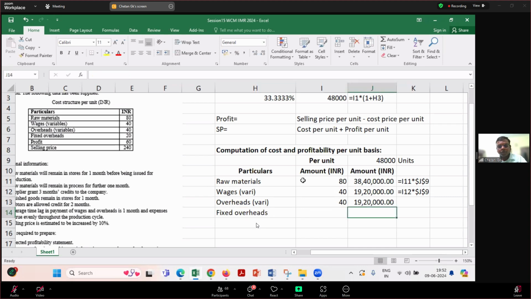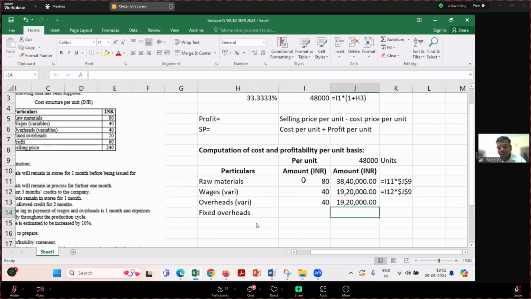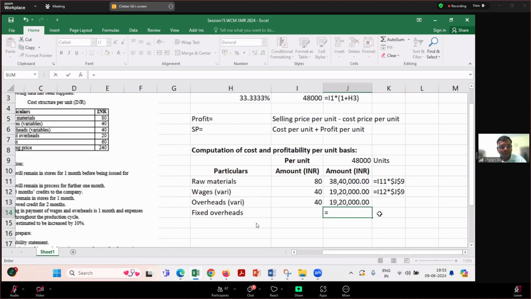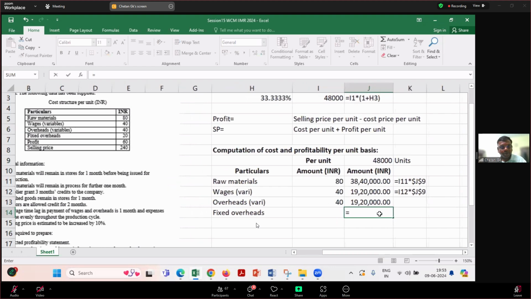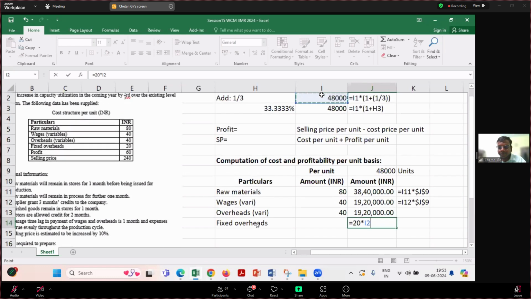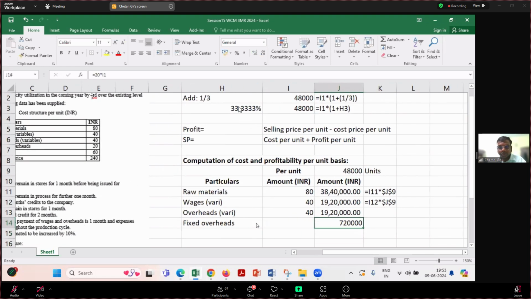Next comes fixed overhead. You should be quite careful here. Don't do it on a per unit basis. Multiply the fixed overhead, which is 20, with 36,000. We got this much, and this we divide by the total number of units.